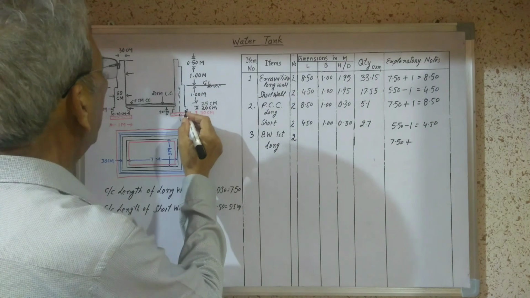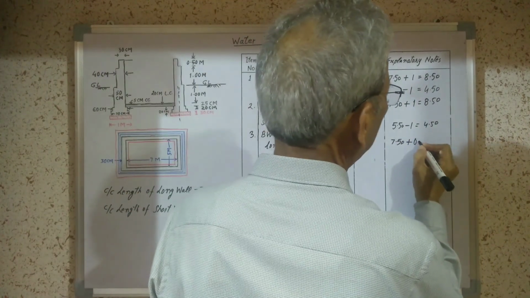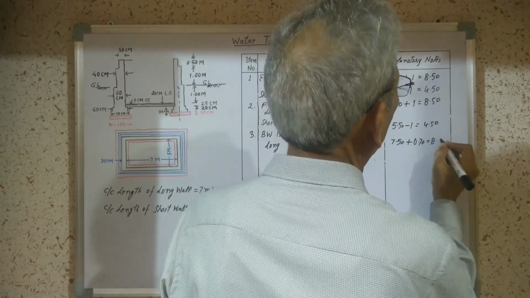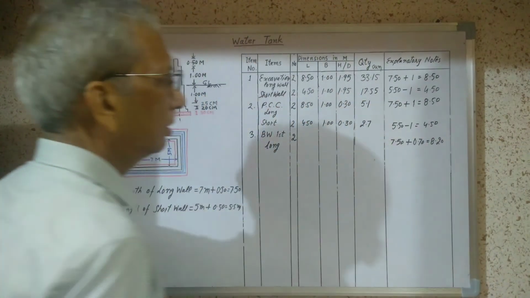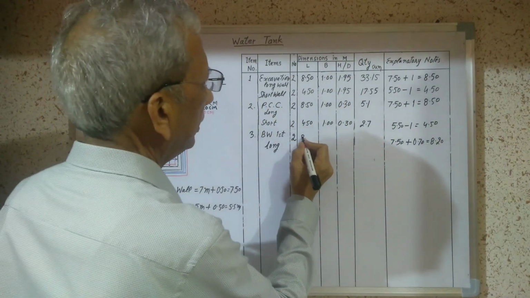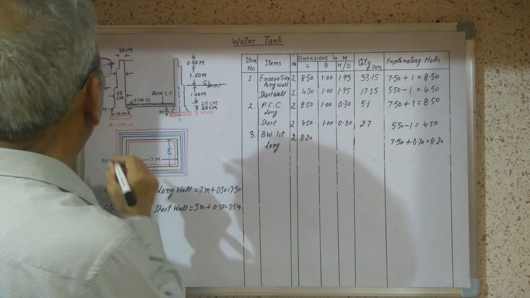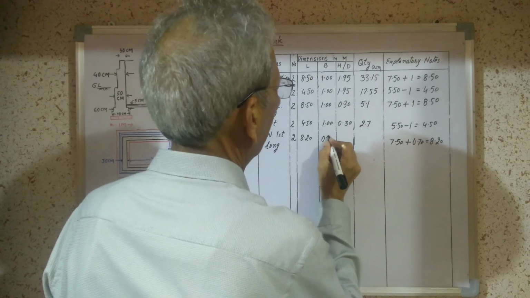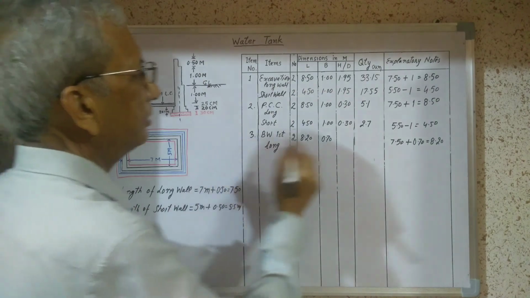Width of the first step is 70 centimeter, 0.7. It will be 8.20 meter. Now it will be written here 8.2. Width of the first step of brickwork is 70 and depth is 20 centimeter.